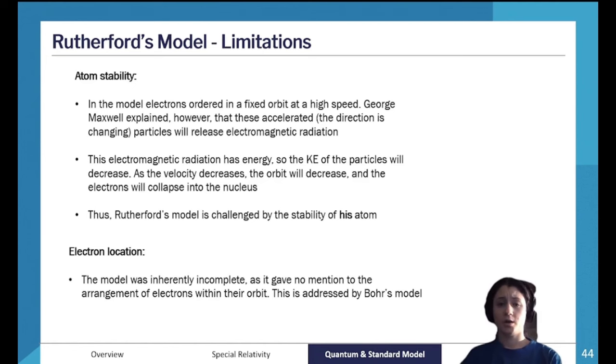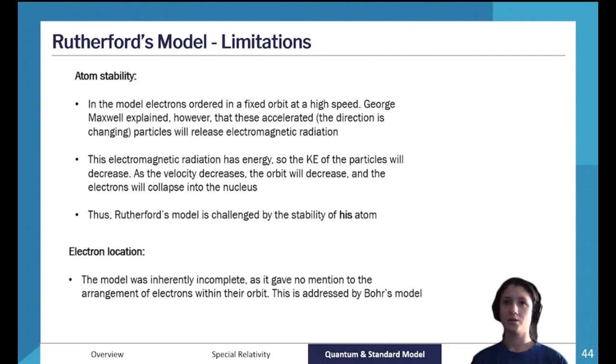So the other issue with Rutherford's model was that the electrons were located in the wrong place. It doesn't give any mention of where the electrons are, which is addressed by the Bohr model, which we'll get into next. The other thing is the consequence of the atom instability.